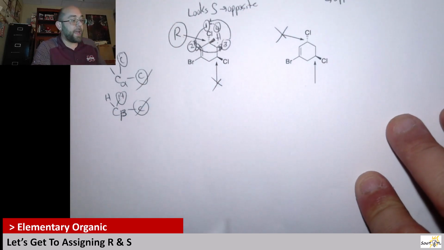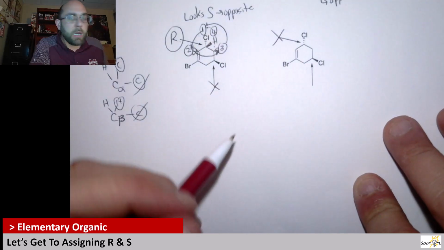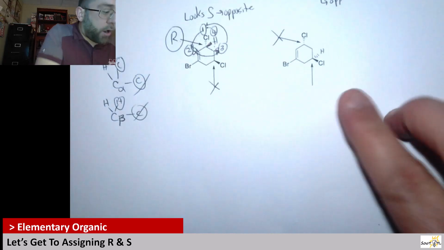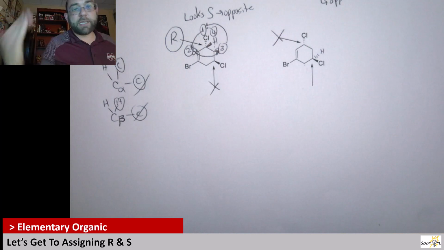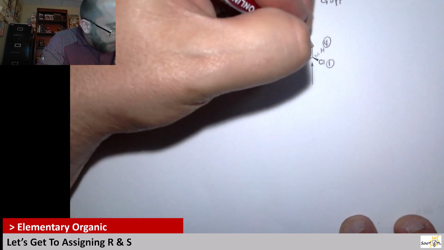All right. Now, we can do the same thing with the chiral center here. Let's see. We have yet again a chlorine, hydrogen, carbon, carbon. We know what the deal is, y'all. So we know that this is 1, and this is 4. Now I'm going to make that alpha and make that beta.